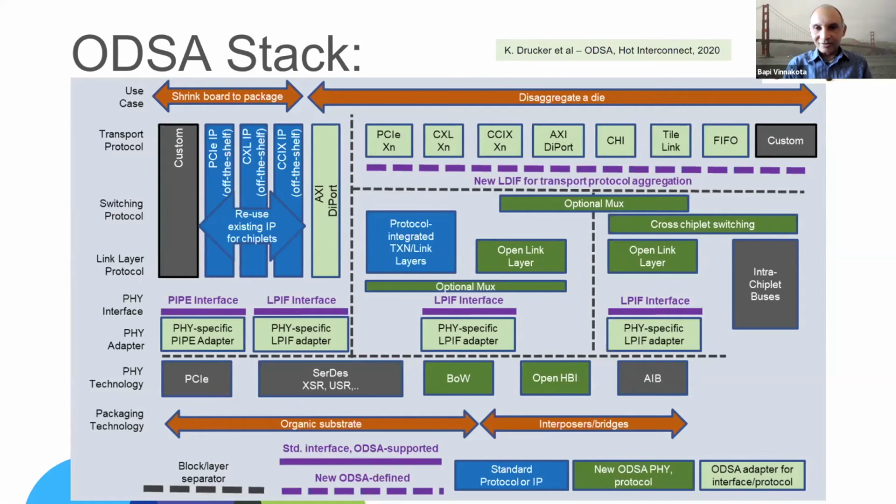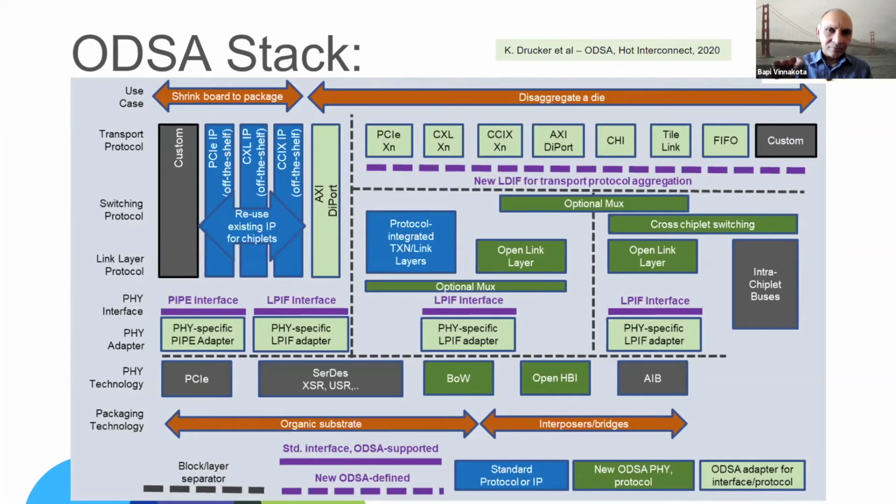And really, in my mind, I think the person who came up with this first was a gentleman named Brian Holden from a company called Kandou, and he said, hey, why don't we use the PIPE interface from Intel as a mechanism to carry PCIe traffic? And as a group, it was a very nice generalization from there to say, if we define an abstraction interface, we can use that for every protocol out there. We can use it for AXI, we can use it for coherence protocols, you name it, basically.